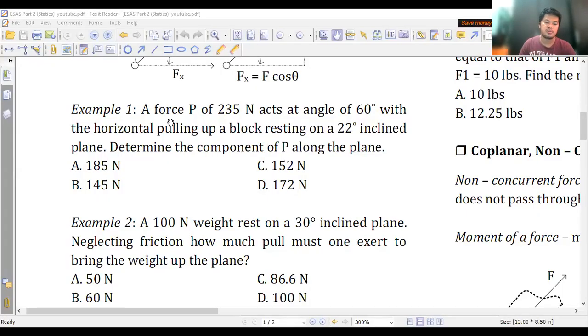So there you go, the answer to the problem is 185.8 Newton.